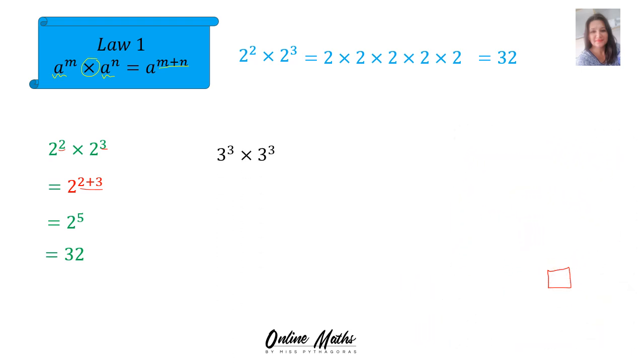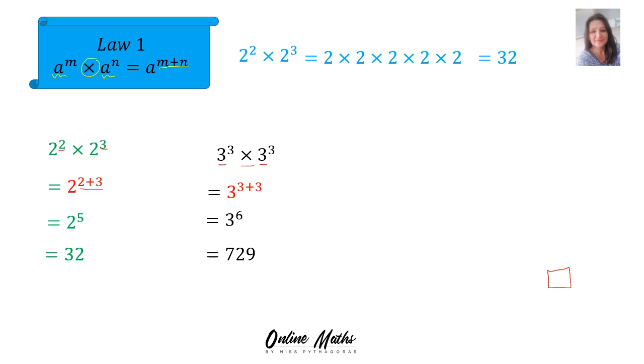Let's look at another example. If I give you 3 to the 3 times 3 to the 3, you say the bases are the same and you multiply, therefore we add exponents. So the base is 3, and then the exponents 3 plus 3 is 6. 3 to the 6 is 729.